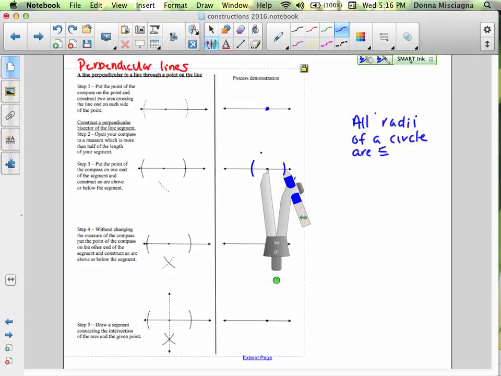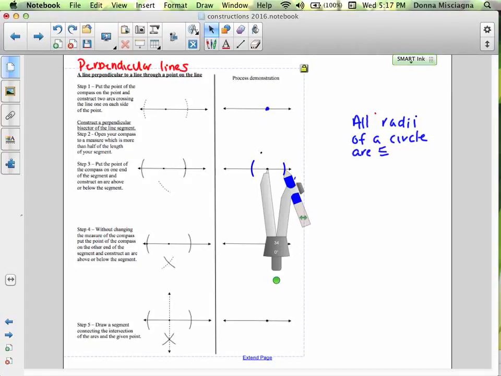So now we know that point's at the center. We've now got a bisector, right? So now that we've got a bisector, we can have perpendicular lines simply by making sure, right, we go through that point. And one other thing, we have to be an equal distance away from those 2 arcs we drew.